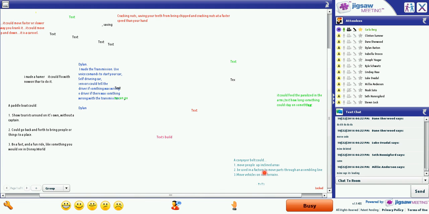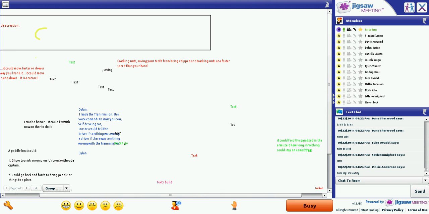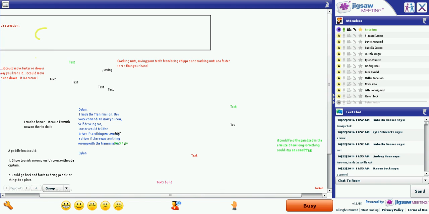Could move people up inclined areas, be used in factories to move parts through an assembling line, and move vehicles on soft terrain. All right, if yours got deleted, I'm not sure why. We will try and work on it for next week.